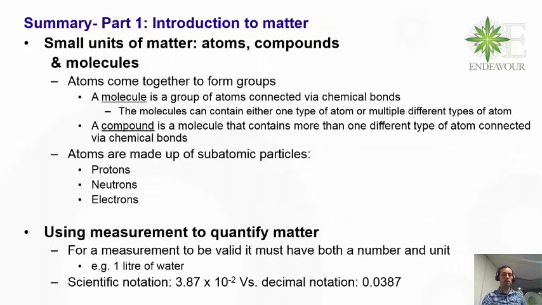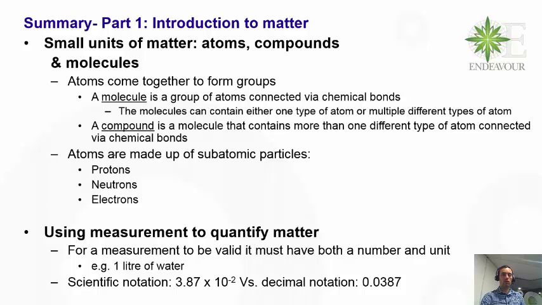We also had a look at some definitions. The fact that atoms like to come together to form groups, and we defined some of these groups. So a molecule is where you've got atoms coming together to be connected by chemical bonds, and these atoms that come together may be from one element or multiple elements.